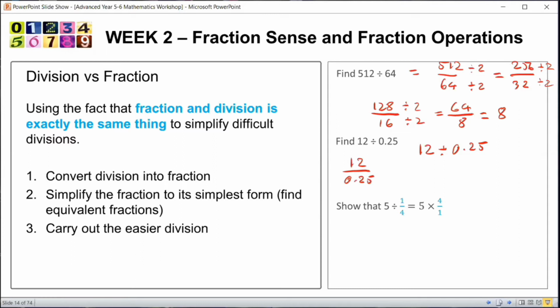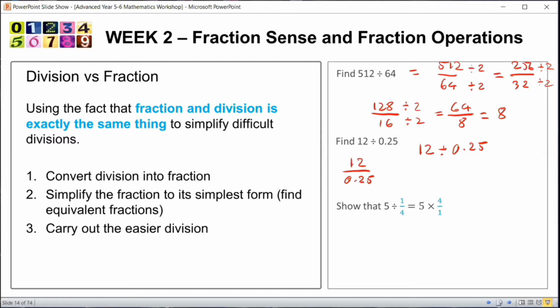Now, in primary school, you don't write it like that because the teachers don't teach this kind of thing. But by year 6, I think this is okay. So you write 12 over 0.25.